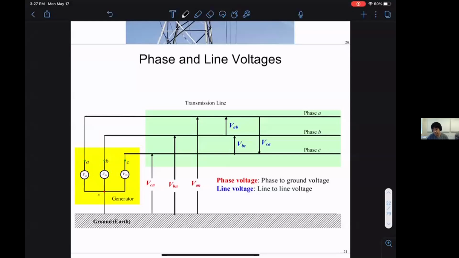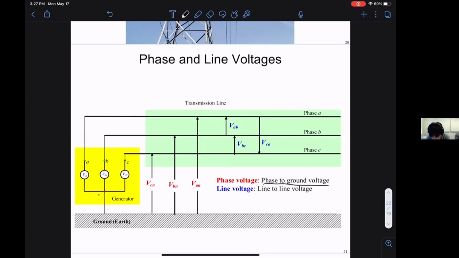All right, okay, so let's continue. The thing with three-phase power is that there are different sets of voltages we can talk about. In particular, there is something called the phase voltage, which is the phase to ground voltage.